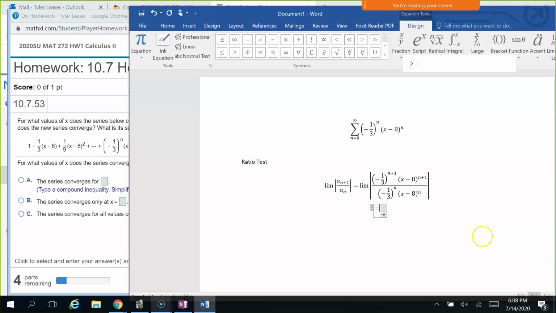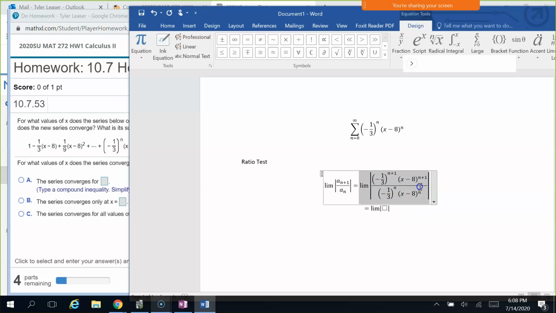Okay, there's a lot of different techniques that we can use here to simplify this thing down. The technique that we're going to use for this one is some exponent rules. In the numerator, I have this negative 1/3 to the n plus 1, but I'm going to think about that as just negative 1/3 to the n times a negative 1/3 to the 1, splitting up those exponents into the two separate exponents using the product rule.